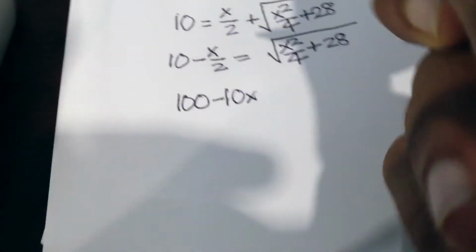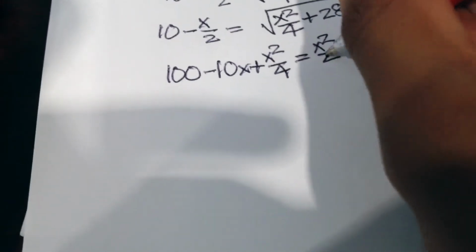Now squaring both sides, we get 100 minus 10x plus x squared over 4 equals x squared over 4 plus 28.